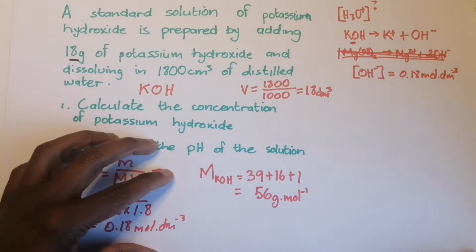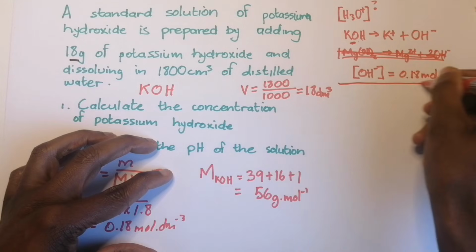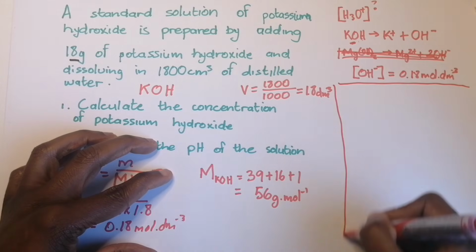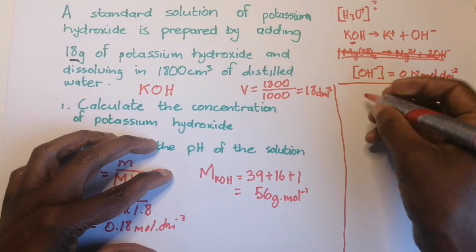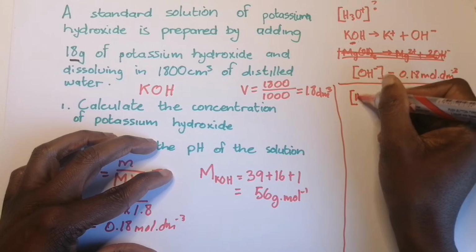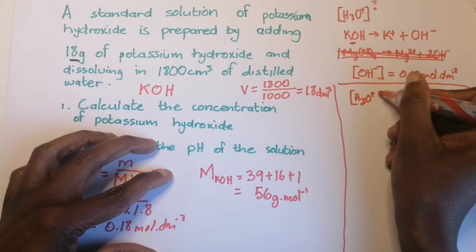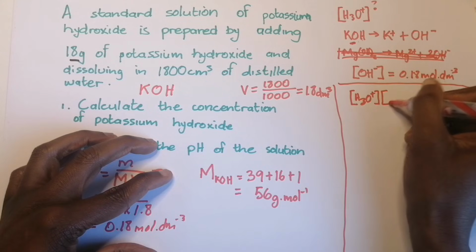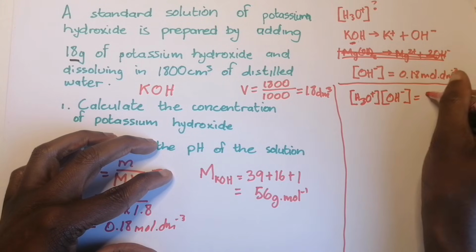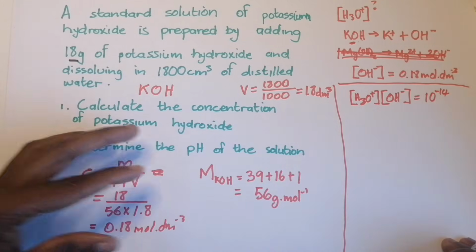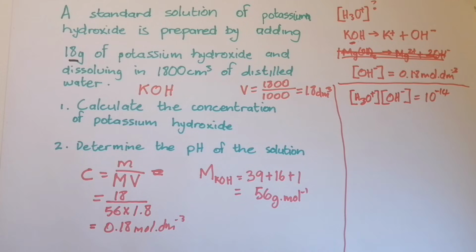Now this is up to you which method you want to use. Whether the first one that I showed you, now that we've got the concentration of hydroxide ions, you can say, I know therefore that H3O plus multiplied by OH minus is equal to 10 to the minus 14, of course assuming that we are doing this at 25 degrees.